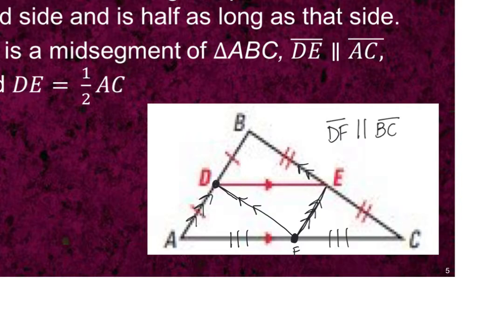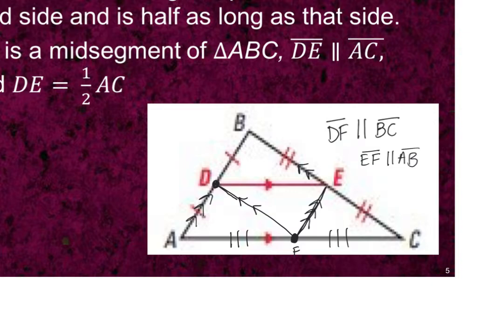So not only is the mid-segment 1/2 of that other side, but it's also parallel to that other side. So what we would say is EF is parallel to AB, and it's also 1/2.